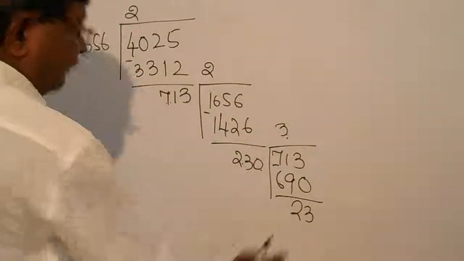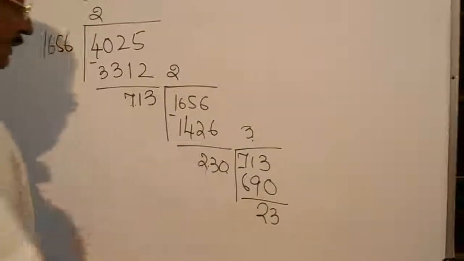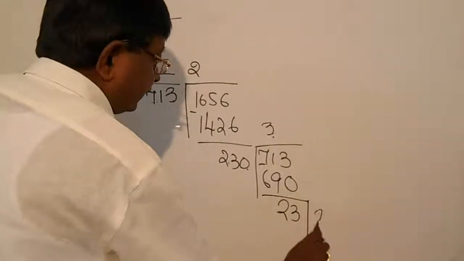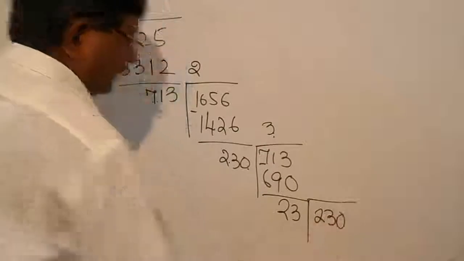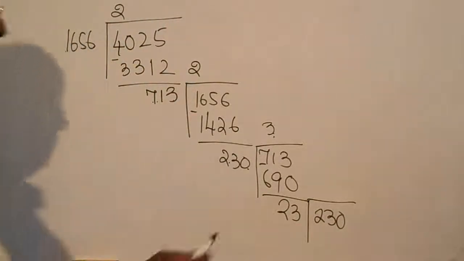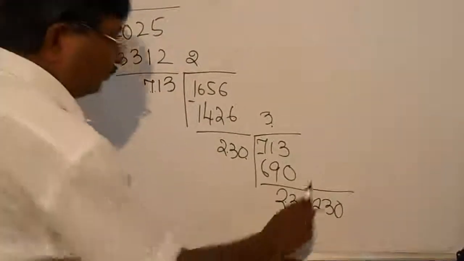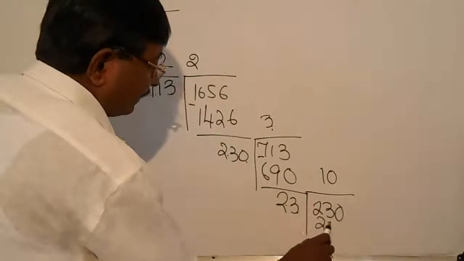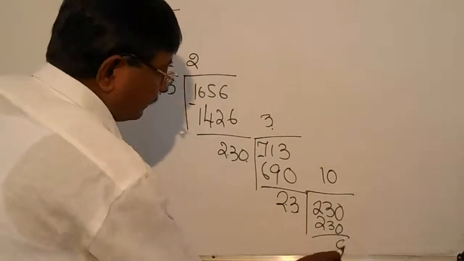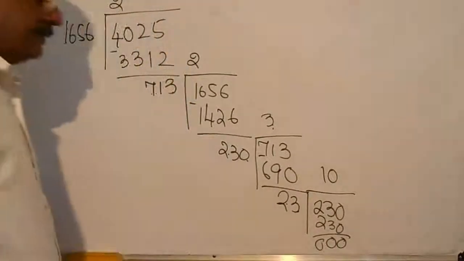Next, this will become a divisor for 230. 23 into 10 will give 230. So my remainder is 0.